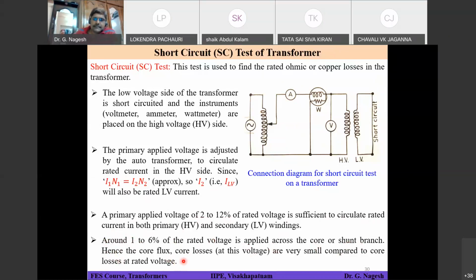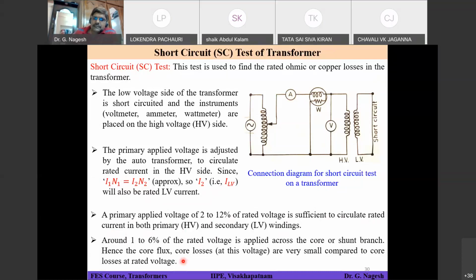Since 2 to 12% of the rated voltage is sufficient to circulate rated current, only 1 to 6%, half of this, is applied across the shunt branch in your equivalent circuit. The shunt branch corresponds to the core of an actual transformer. So you are not applying rated voltage across the core; you are applying only 1 to 6% of the rated voltage.